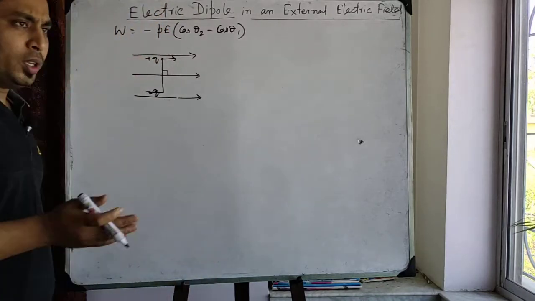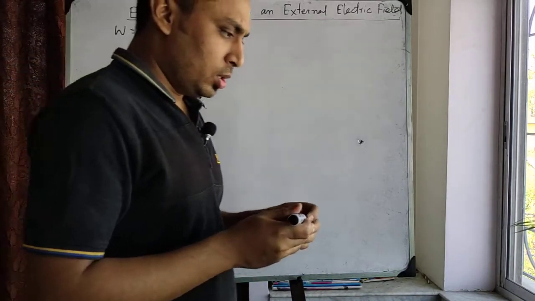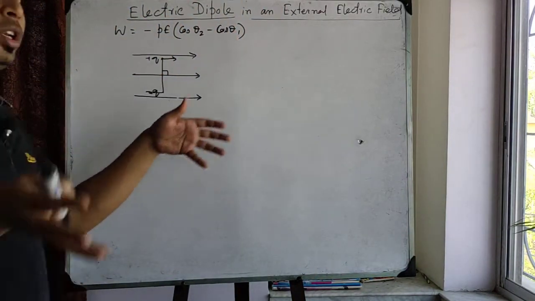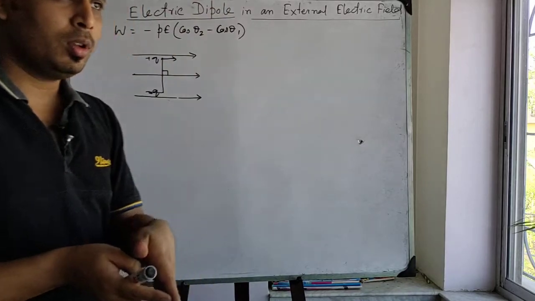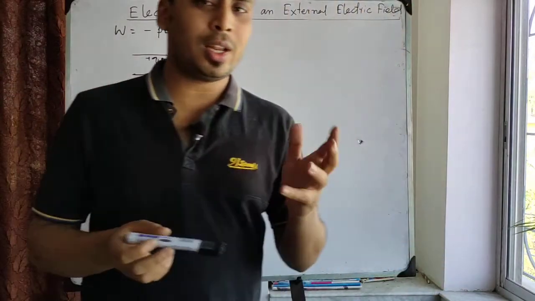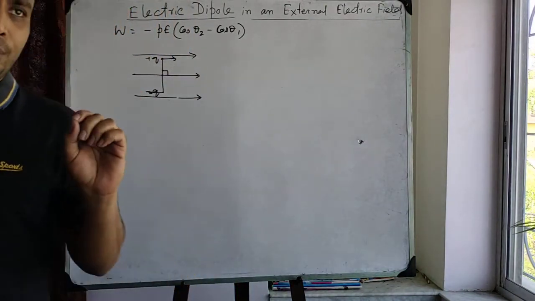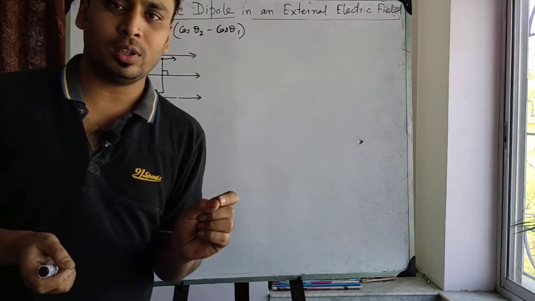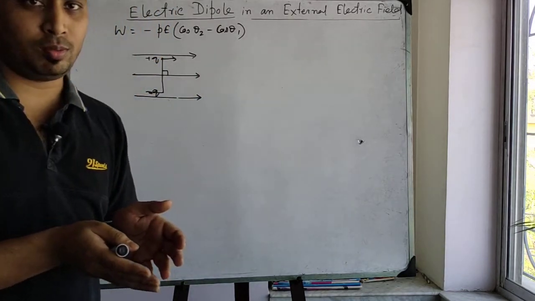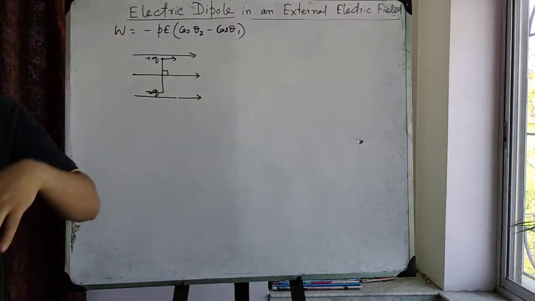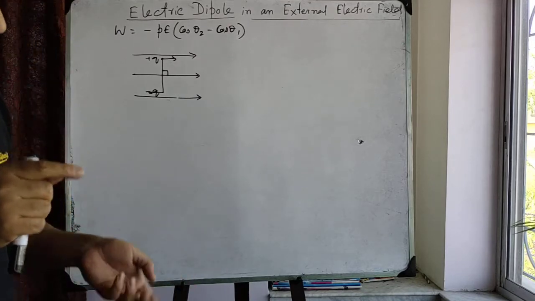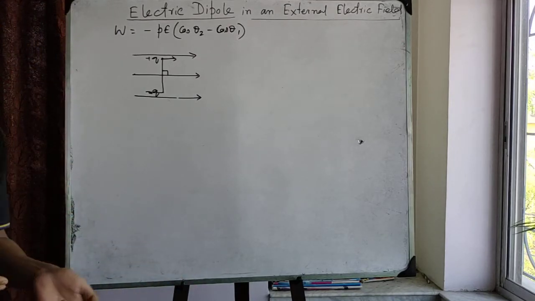Now, stable equilibrium position and unstable equilibrium position. Equilibrium means the net force and the net torque on the dipole is 0. But what is the difference between stable and unstable equilibrium? If we disturb the unstable equilibrium position, the system will not regain its equilibrium position again. In case of stable equilibrium, if we disturb the equilibrium position, the system will come to its equilibrium position again.